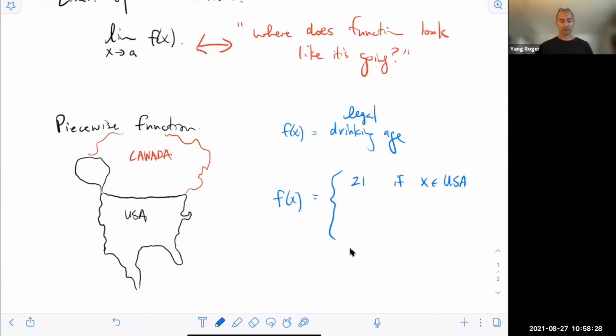So do my Canadians out there know what the legal drinking age in Canada is? Anyone from Canada? Am I the only one that lives there in this class? No response. Oh, is it 18? I thought it was 19. We can Google. Or I can ask Siri. Hold on a second.